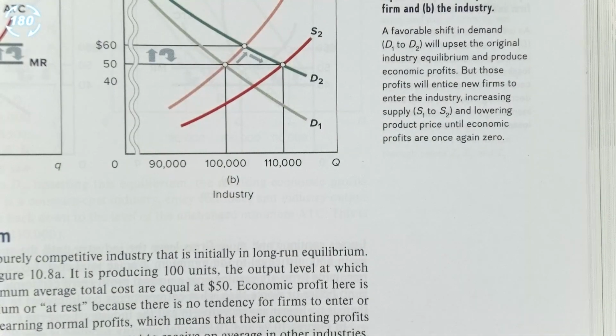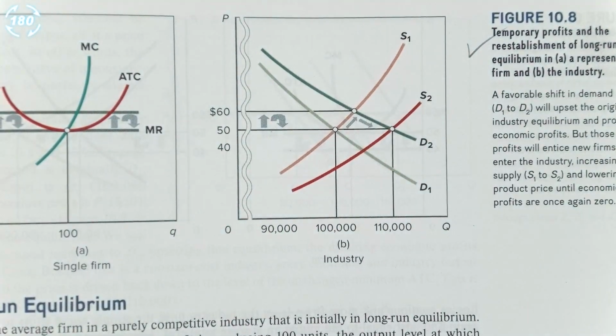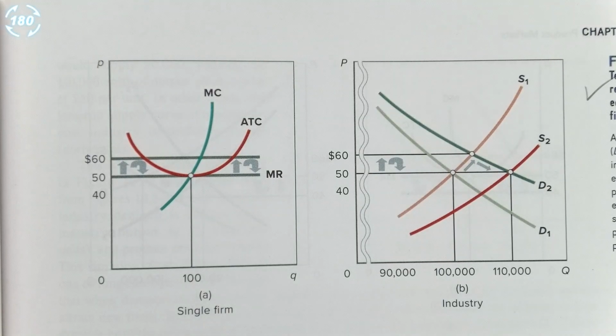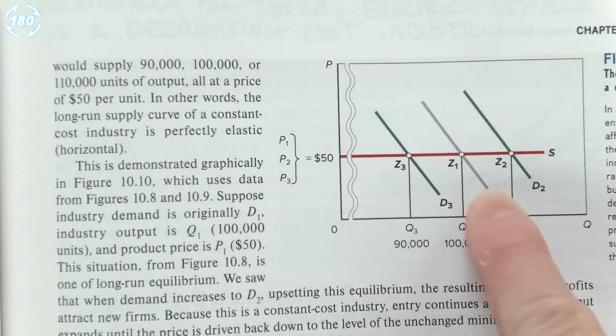And then we went to the long run, profit maximization in the long run. We had this discussion here about increasing cost, decreasing cost, and constant cost industries, where you trace out this long run supply curve. So this is a constant cost.